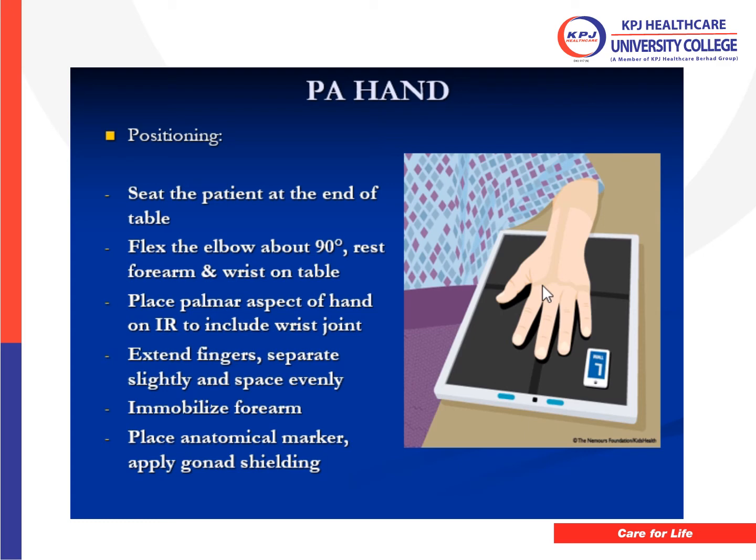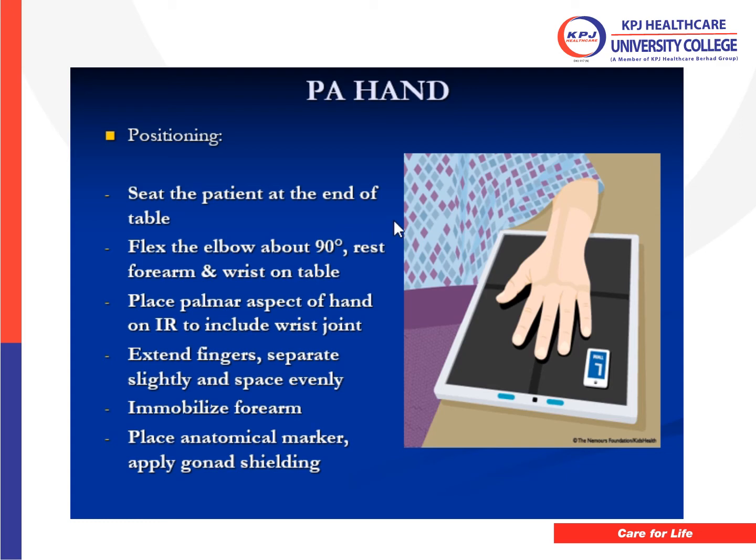Extend the fingers, separate them slightly to avoid superimposition between the fingers. Immobilize the arm using the sandbag or immobilization aids, place the marker here, and do not forget the gonad shielding to be applied as radiation protection to the patient.